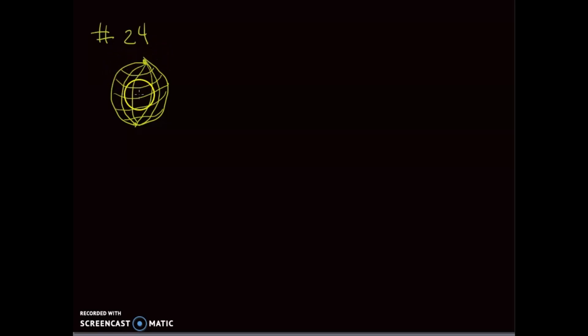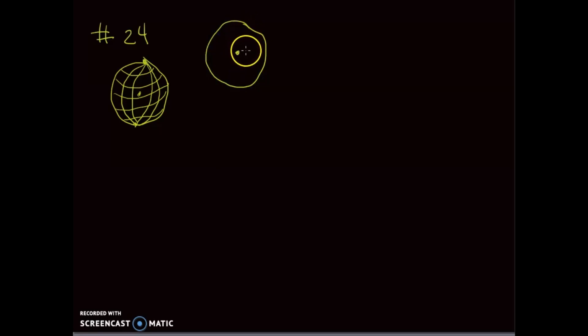The longitudinal lines are always the same circles. And any circle that has the center of the Earth as its center is called a great circle.